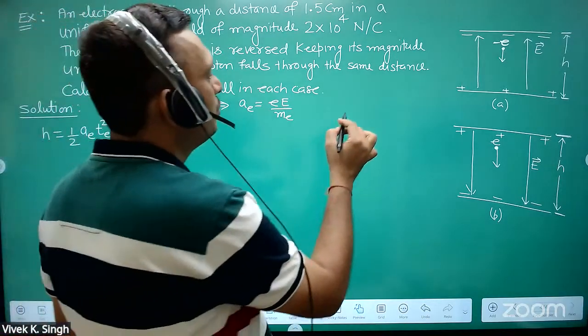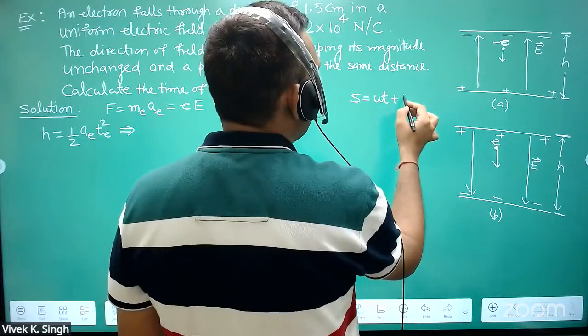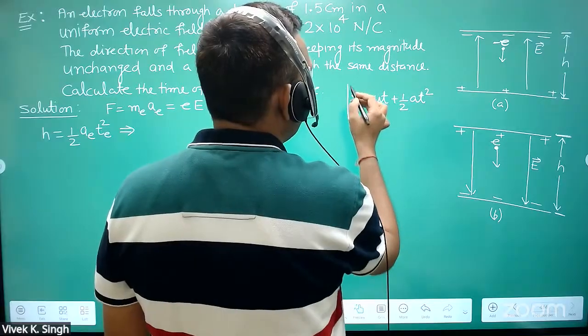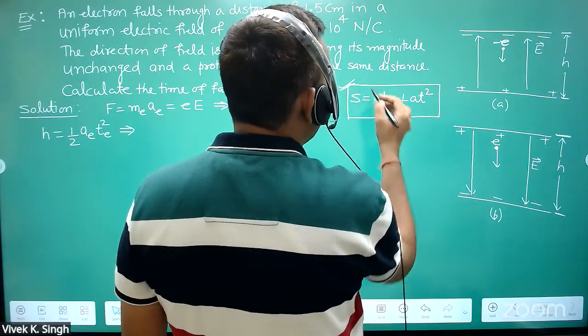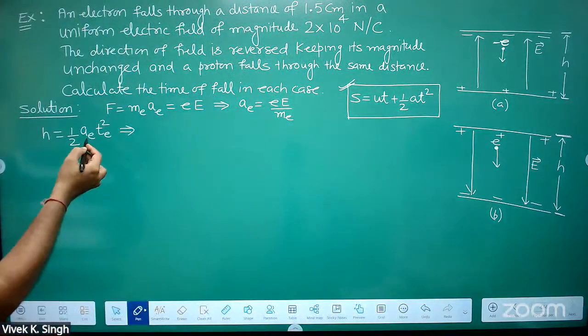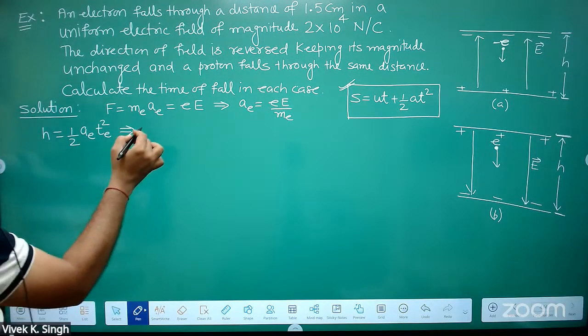S is equal to ut plus half at square, so distance covered is given by this relation. u is 0, so h is half at square. For electron, I am writing e. So what is t_e here?